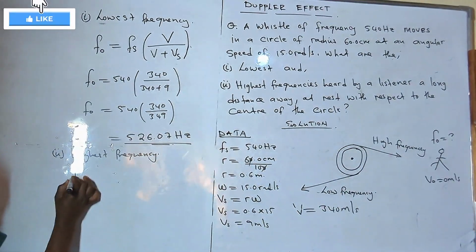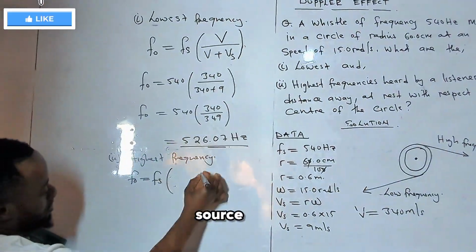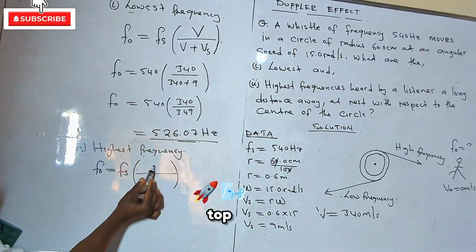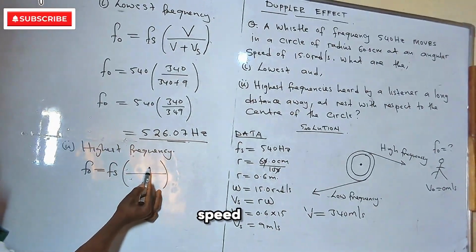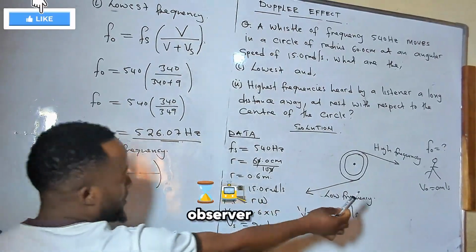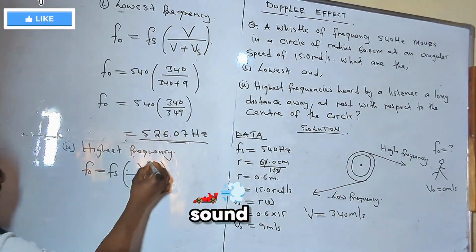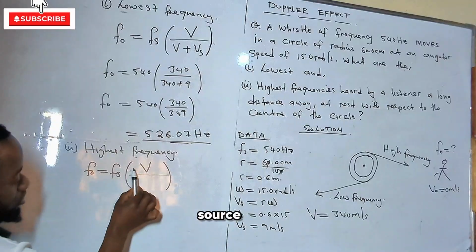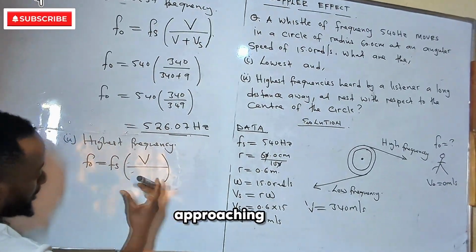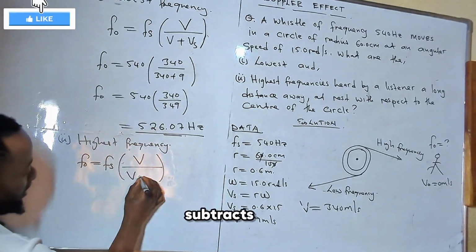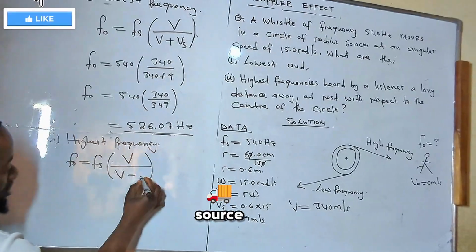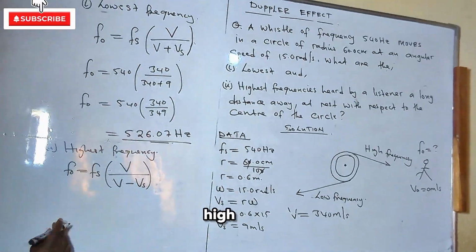So the frequency of the observer is equal to the frequency of the source. Then now we try to compare. Always on top, it is the speed of sound in air and the speed of the observer. In this case, the observer is stationary, so we're talking of the speed of sound in air. Since the source is approaching, the speed of sound in air minus the speed at which the source is moving. That is high frequency.